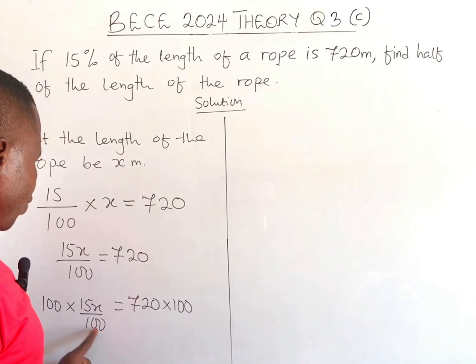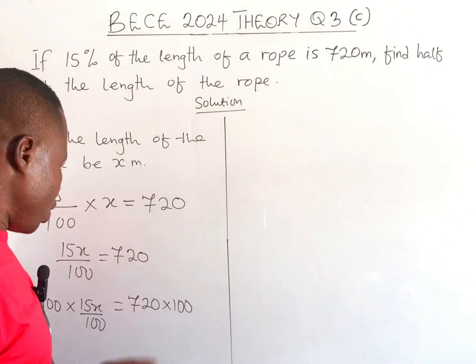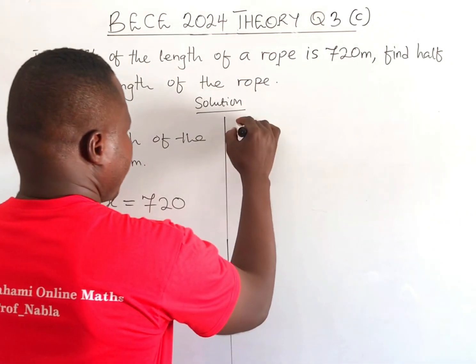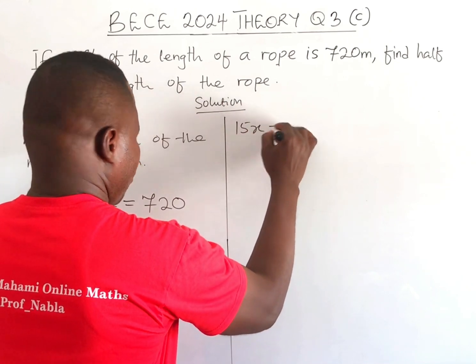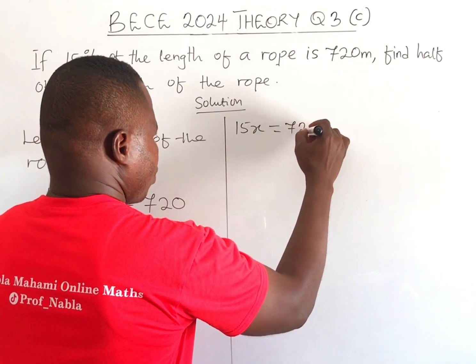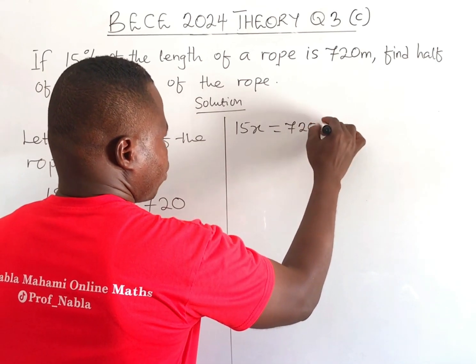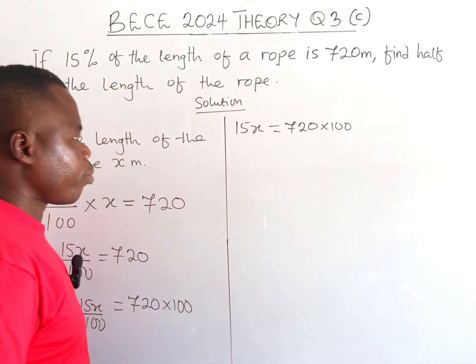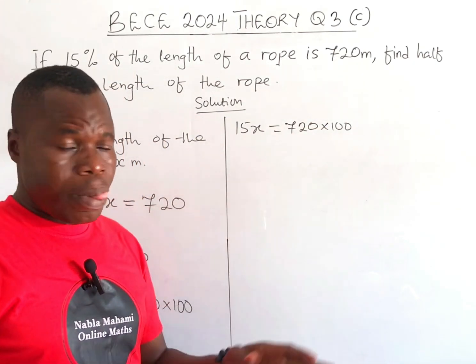And you can see that this 100 will take away this 100. We now have 15x, which is equal to 720 times 100.